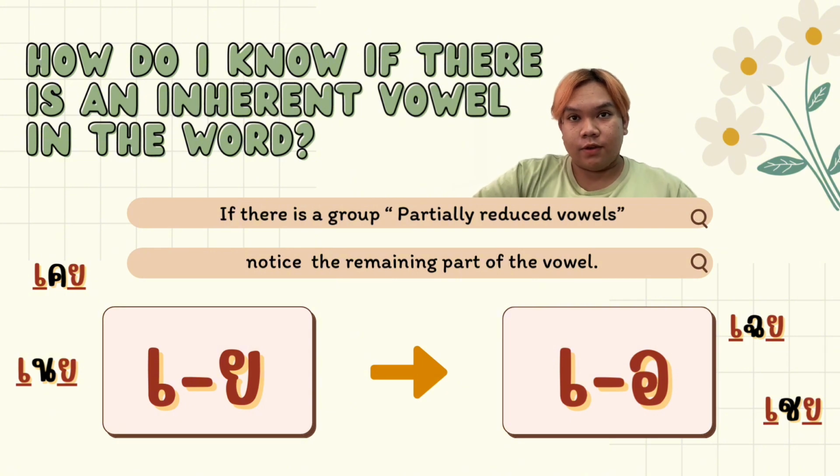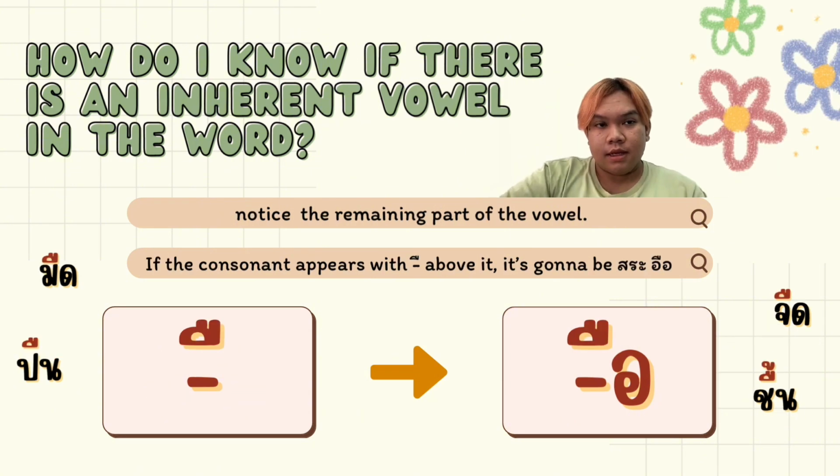If there is a group of partially reduced vowels, notice the remaining part of the vowel. If you see a consonant starting with อ and ending with ยอยักษ์, it's going to be สระเออ. For example เนย เคย เชย. If the consonant appears with a symbol above it, it's going to be สระอือ.